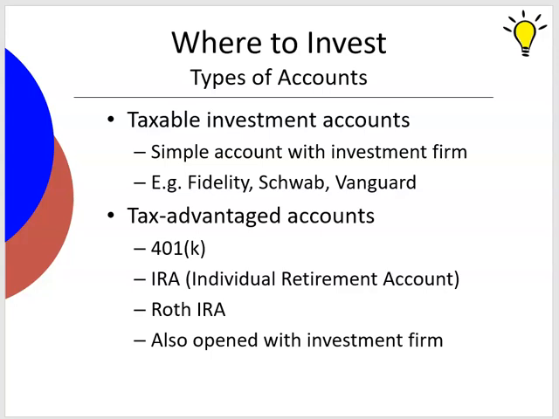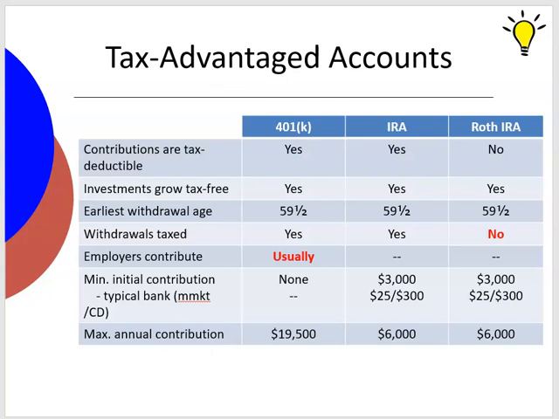So let's talk first about a 401k. 401ks are savings plans set up through your employer. Now, the contributions that go in here are tax deductible. So you can put money into this account and it's tax deductible.